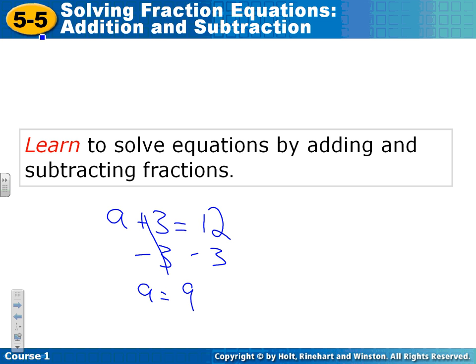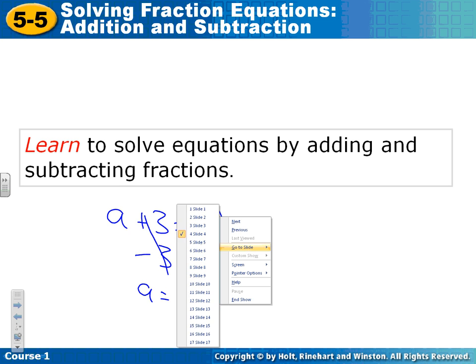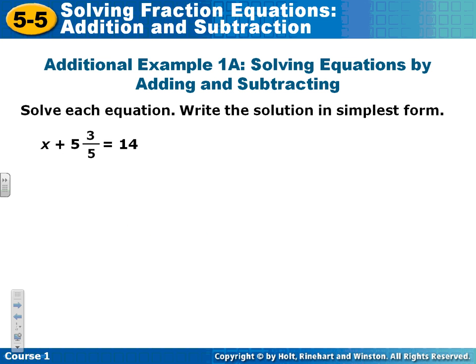Well, here we go. Next slide says, what's happening to the variable. Ashton. It's being added by 5 3/5. Okay, so if we're adding 5 3/5, rule number 1 of algebra says do what?